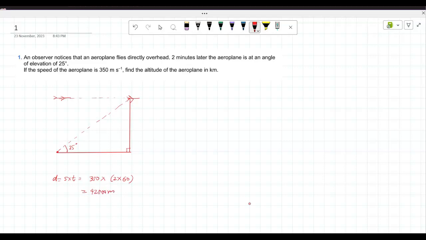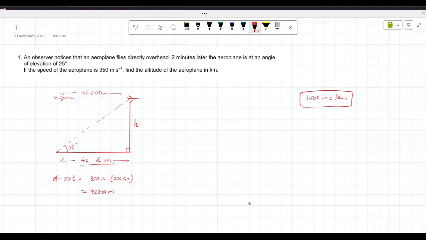So from here to here it's 42,000 meters, and this will also be 42,000 meters if you take it horizontally. You want to find the altitude of the aeroplane in kilometers. 42,000 meters converted to kilometers is 42 kilometers, because 1,000 meters makes 1 kilometer.